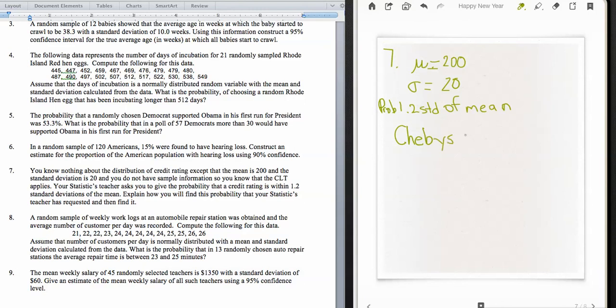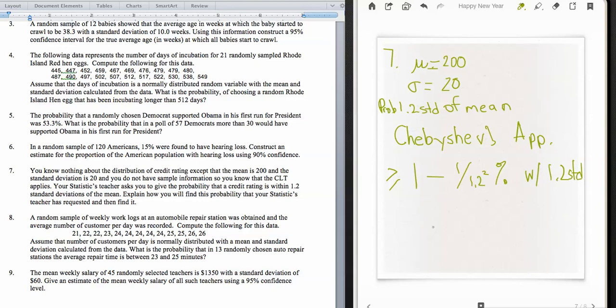Chebyshev is going to tell us an approximate probability. So Chebyshev says 1 minus 1 over 1.2 squared, and the probability is greater than or equal to this within 1.2 standard deviations.